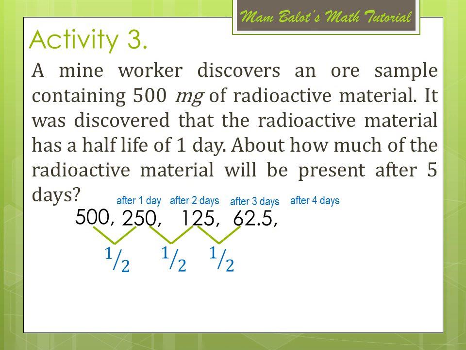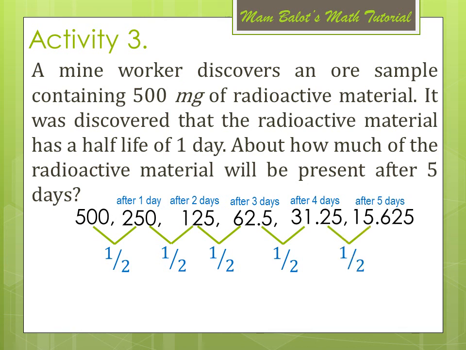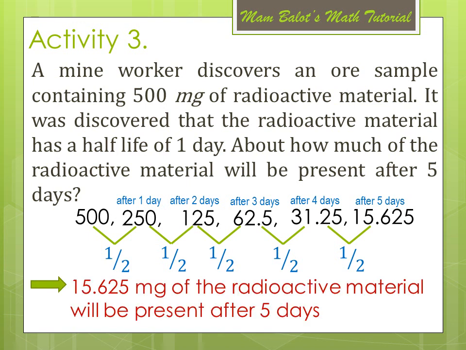After 4 days, multiply again by 1/2, we get 31.25. And after 5 days, multiply again by 1/2, we get 15.625. Therefore, 15.625 milligrams of the radioactive material will be present after 5 days.